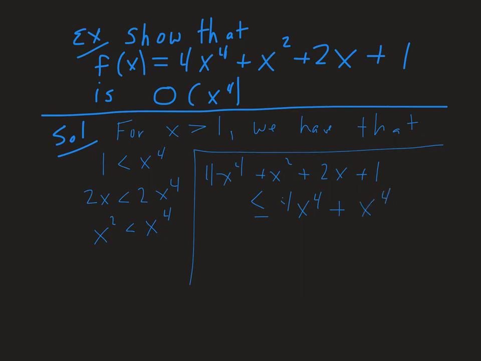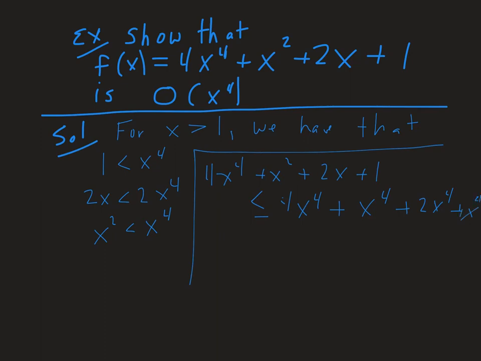So what did I do here? I replaced x squared with x to the fourth. And I can do that because of this inequality. Plus 2x to the fourth plus x to the fourth.